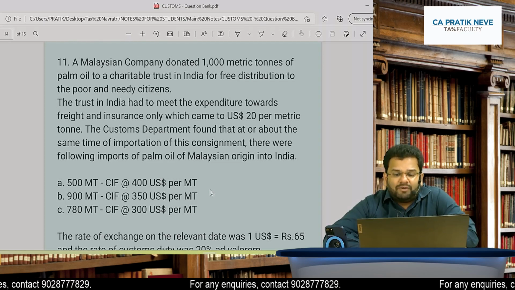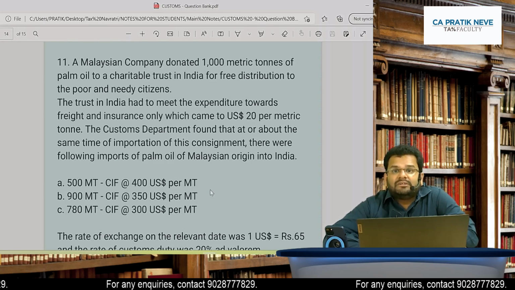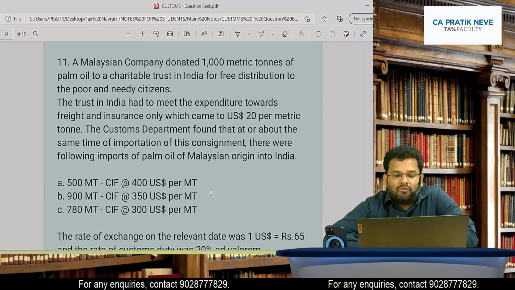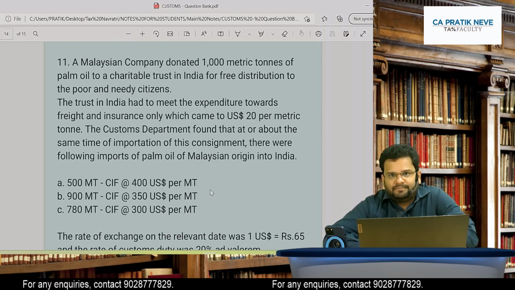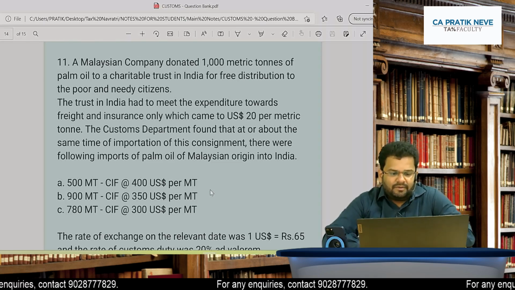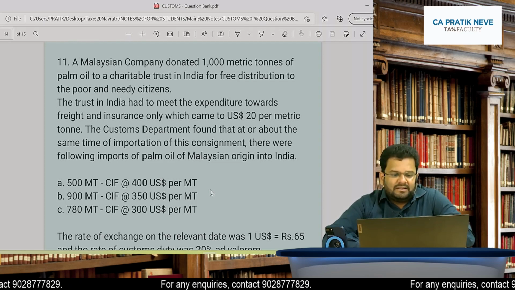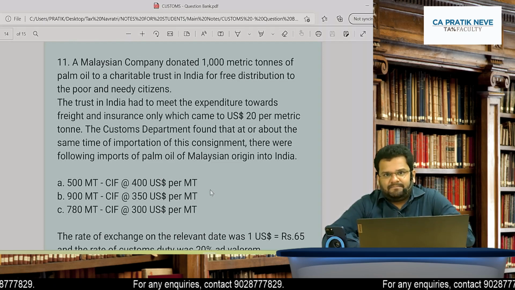Customs department found that at or about the same time of importation of this consignment, there were the following imports of palm oil of Malaysian origin into India: A. 500 metric tons, B. 900 metric tons, C. 780 metric tons.